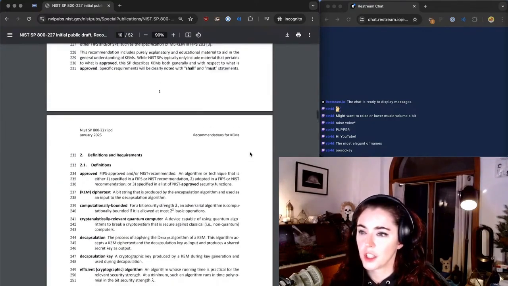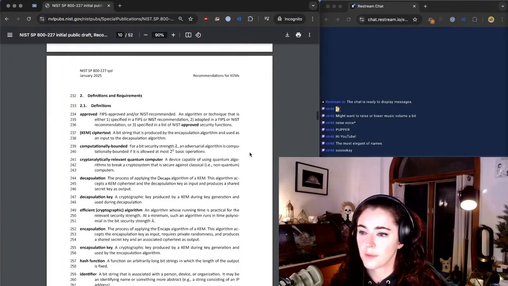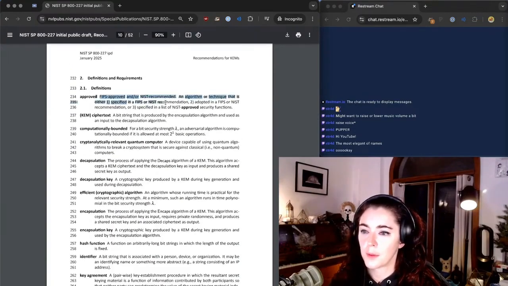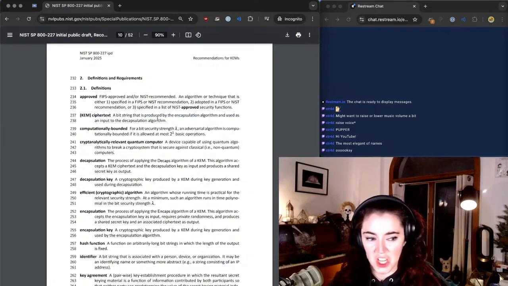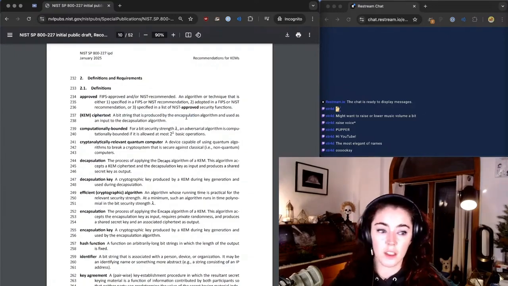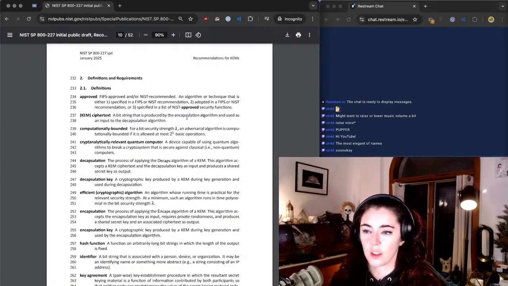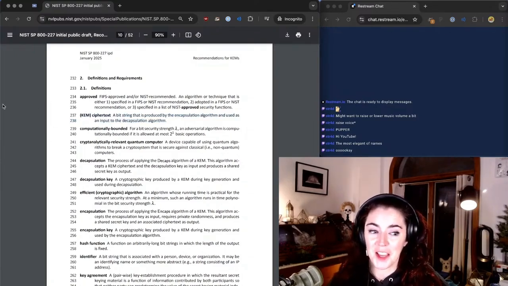Okay, terminology. Approved, FIPS approved, or Nist recommended. Specified, adopted, are specified in a list of Nist approved security functions. All right. Kems ciphertext, not to be confused with public key encryption ciphertext or even non-public key encryption, just encryption ciphertext. There is a public key encryption ciphertext inside the Kem that is not public.